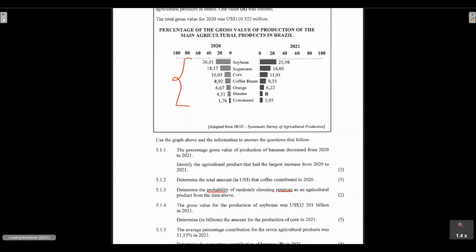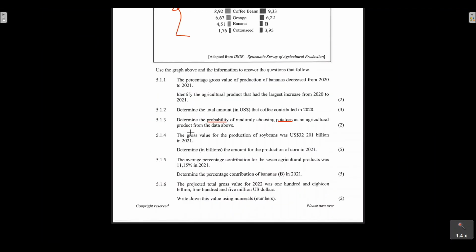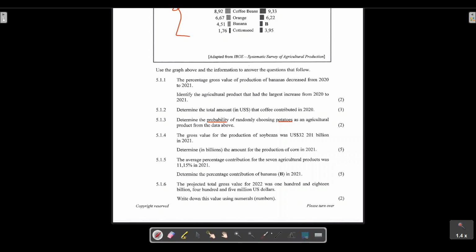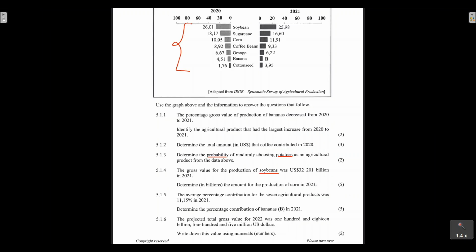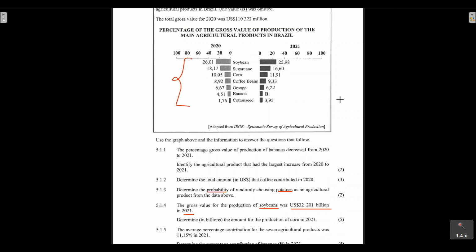Okay, cool. Let's have a look at question 5.1.4. It says the gross value for the production of soybeans in 2021 was 32,201 billion. Do you realize that they didn't give us the total gross value for production? They didn't give us how much money Brazil actually made for these agricultural products.